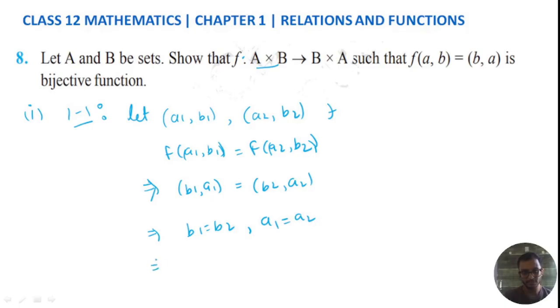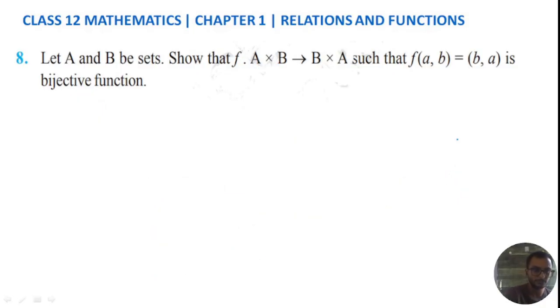This tells us that our (A1, B1) will be the same, as A1 is equal to A2, the first component, and B1 is equal to B2, the second component. So we got that whenever we take any arbitrary points such that their function values are the same, we get that the elements are the same. Hence our function is 1-1. So one task is done.